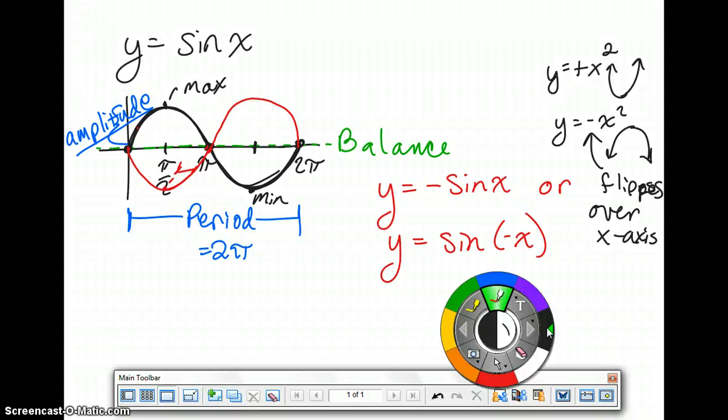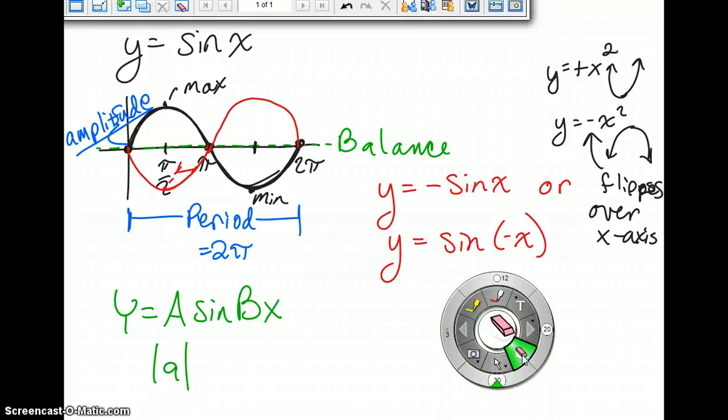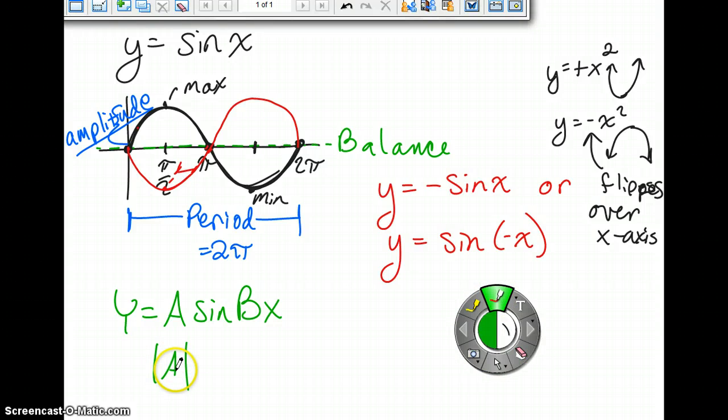The basic format of it with all the variables is y equals A sine of bx. And so we get our amplitude from the absolute value of A. You can use capital or lowercase. Actually, it really depends on the book you're using. So I'll use a capital to stay consistent. So capital A is going to give you your amplitude.